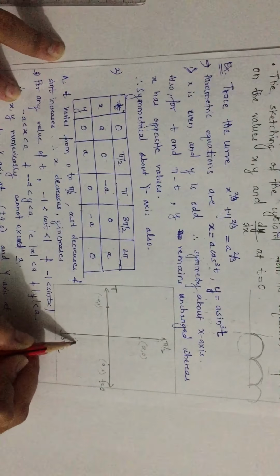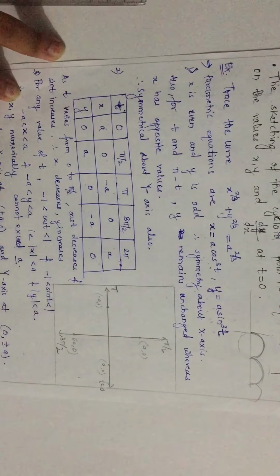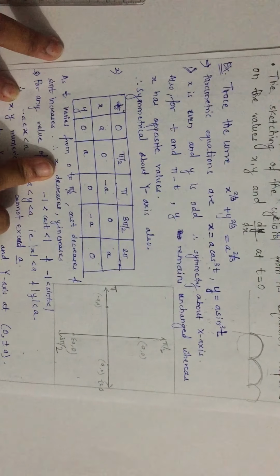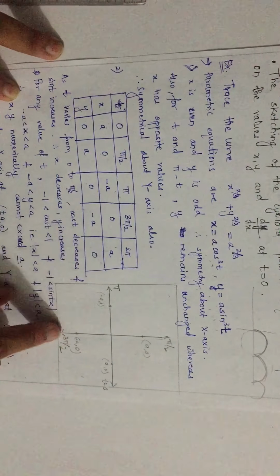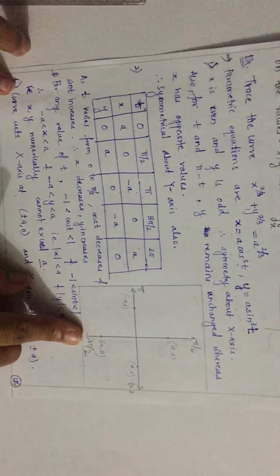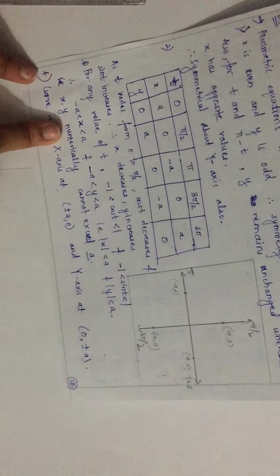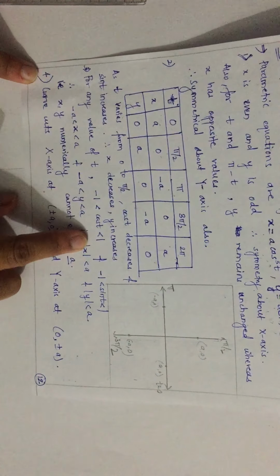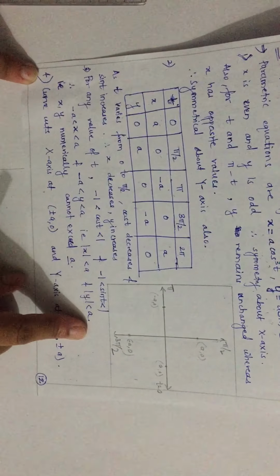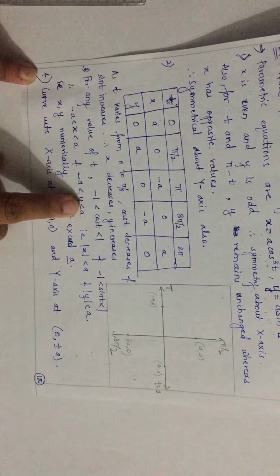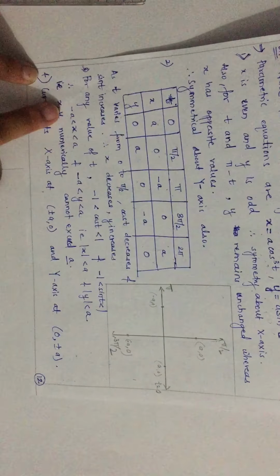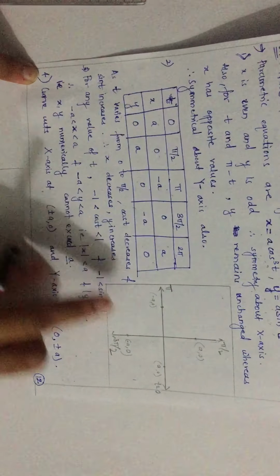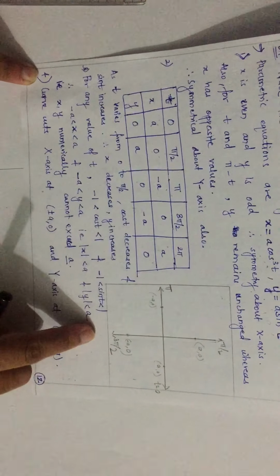Okay, so suppose this is a, 0 and minus a, 0, this is a, that means the points of intersection with respect to x and y are a and minus a respectively. For any value of t, we observe that cos t lies between minus 1 and 1 and also sin t lies between minus 1 and 1. Means ultimately x will lie between minus a and a and y will lie between minus a and a.